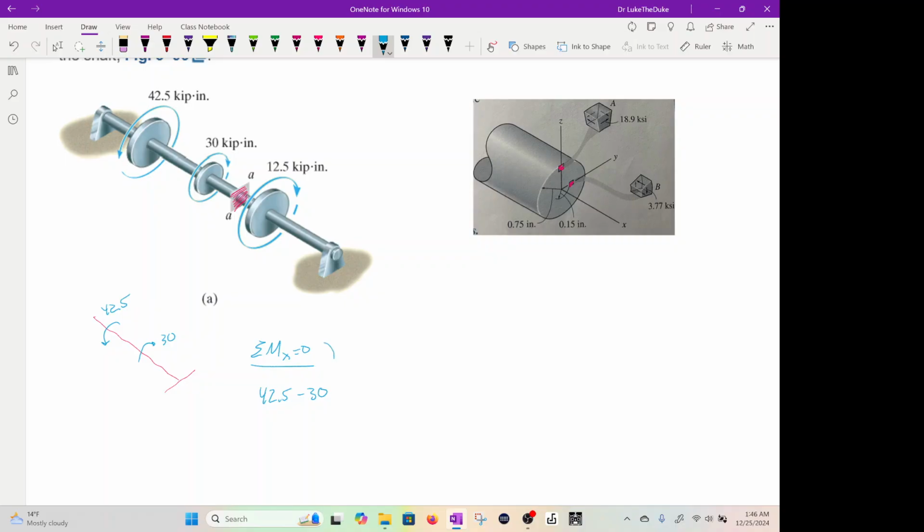Okay, assuming this way is positive, minus the torque, okay, we're assuming the torque is this way, we get 0. So the torque has to be 12.5 kip per inch, okay.